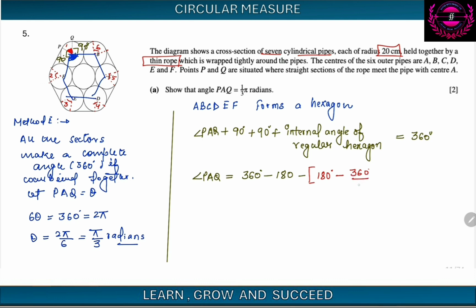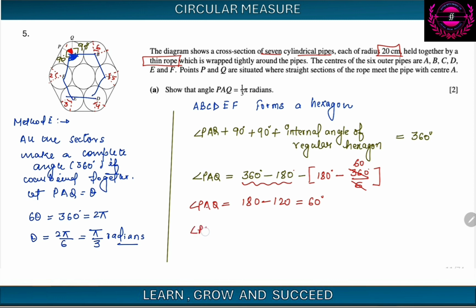So hexagon has 6 sides, therefore 6. So I have angle PAQ, which is 360 minus 180 minus 360 upon 6. This will give us 60 degree, and 180 minus 60 is 120, which gives us 60 degree.